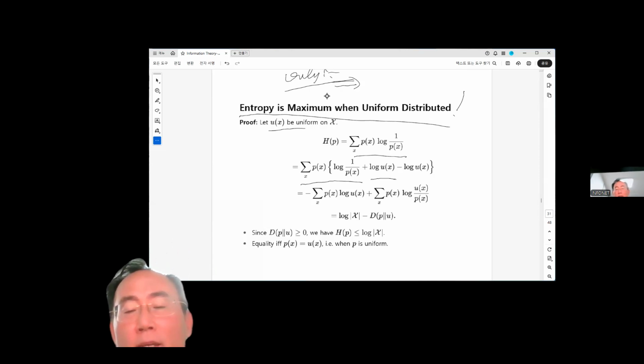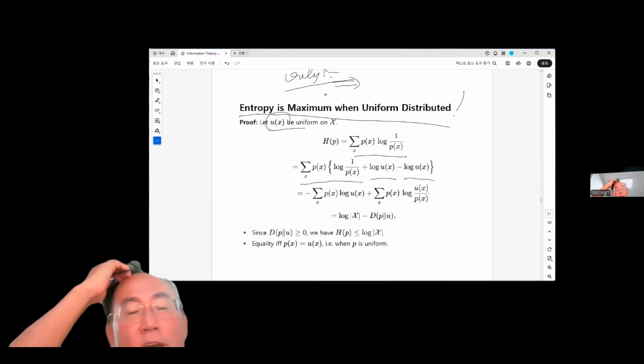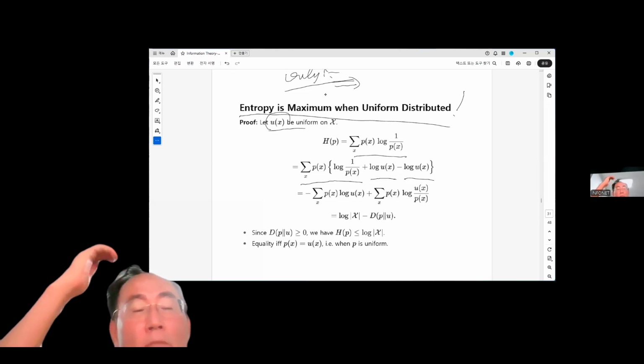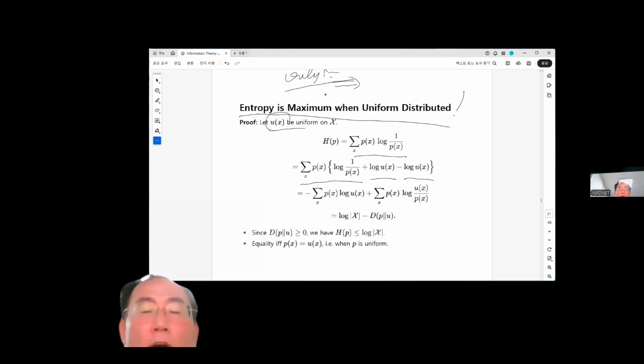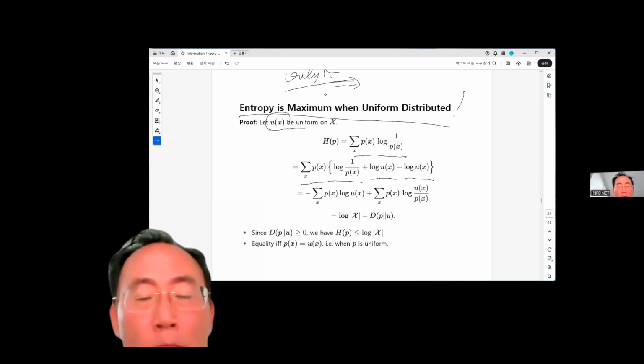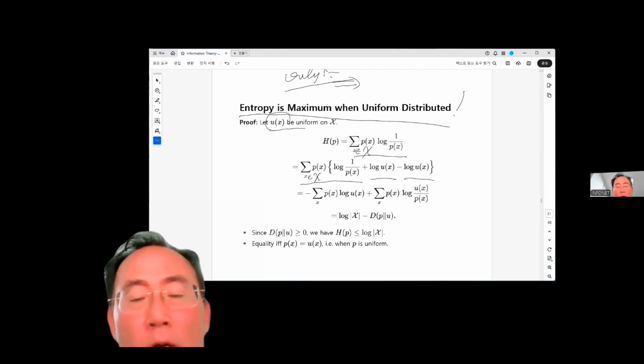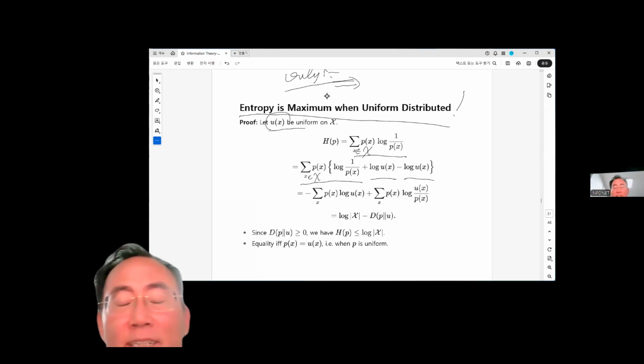I add and subtract the same thing, where U_X is a uniformly distributed random variable, I mean the distribution of the uniform random variable X, over the alphabet of X.